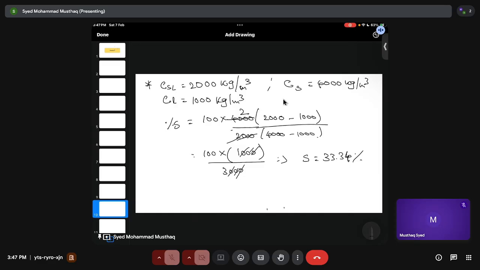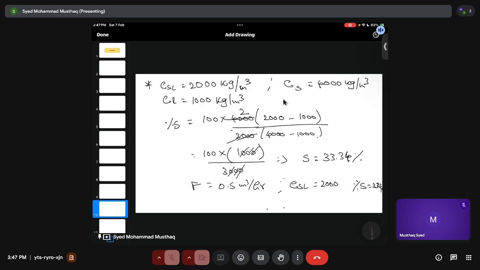Now, if you want to know the mass flow rate of your slurry, let's say your flow rate is 0.5 meter cube per hour. Now you know the density of the slurry, which is 2000, and also you know the percentage of solid, 33.34.